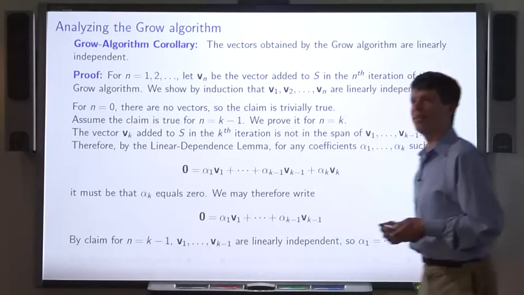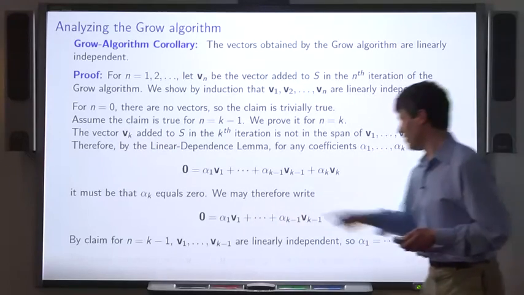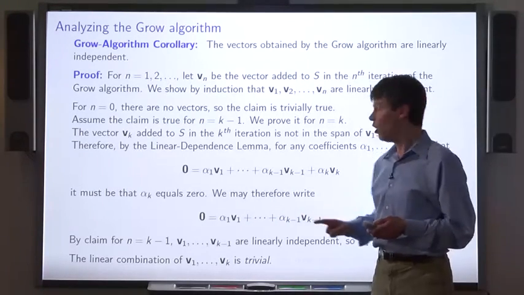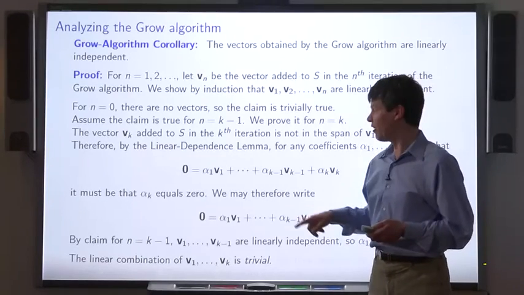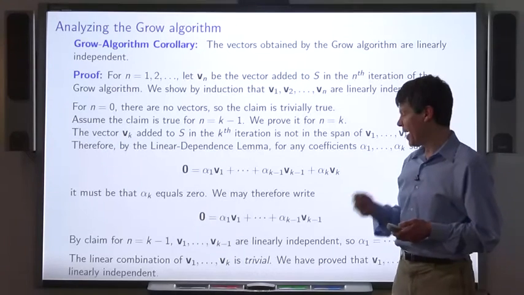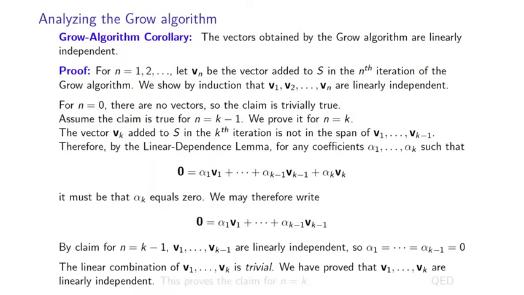So that implies that all these coefficients must be 0. And that shows that the linear combination is trivial, and that is that the vectors v1 through vk are linearly independent. And that proves the claim for n equals k. By induction, it proves the whole corollary.